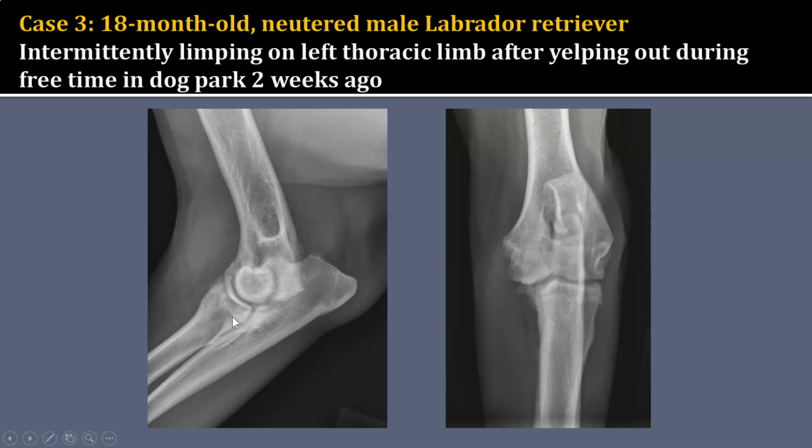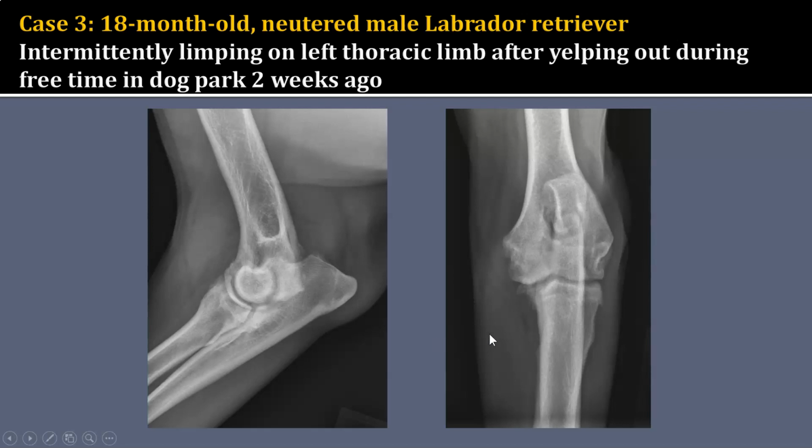If you remember on the lateral view, we can look for normal contour and clarity of the medial coronoid process here, superimposed over the caudal part of the radius. I should see a nice discrete triangle of bone, which would be our normal coronoid process medially here. All I see is kind of this indistinct and abnormal contour. So it starts to make me wonder if that is abnormal.